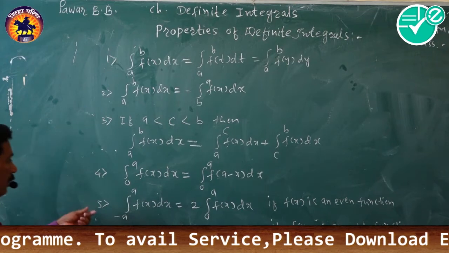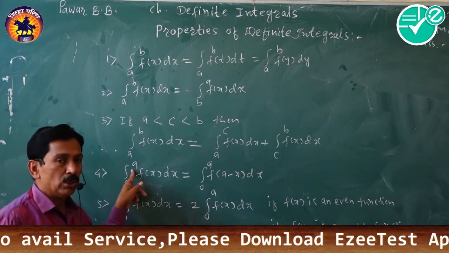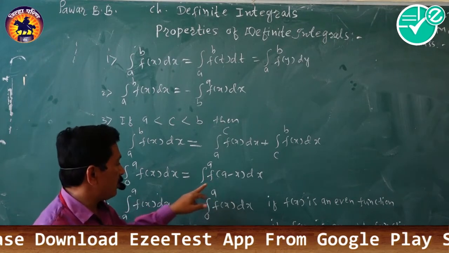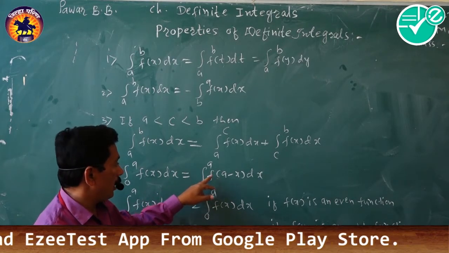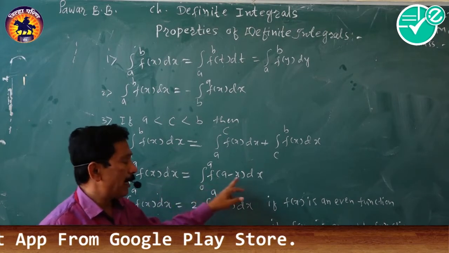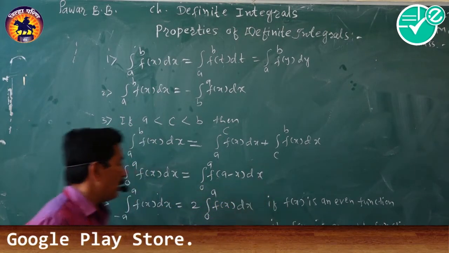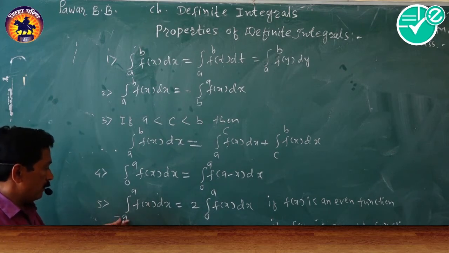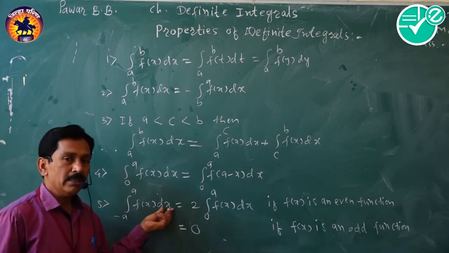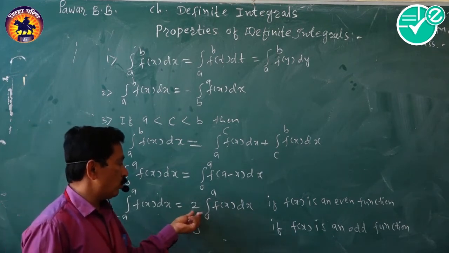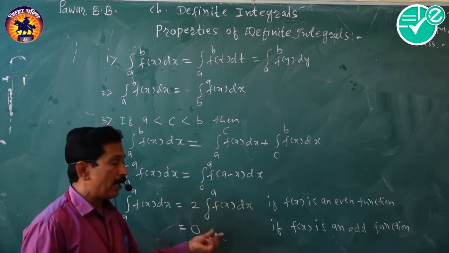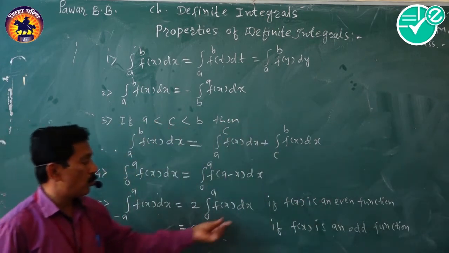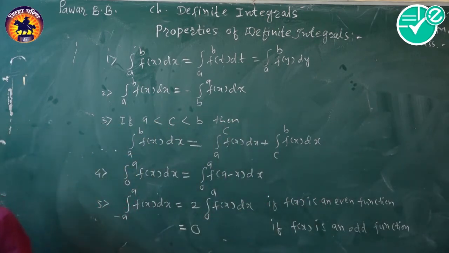In this property, if the limits are 0 to a, then we can put in the function, in place of x, a minus x dx, and if the integration is from minus a to a f of x dx, then its value is 2 times integration from 0 to a f of x dx if the function is even, and it is 0 if the function is odd.